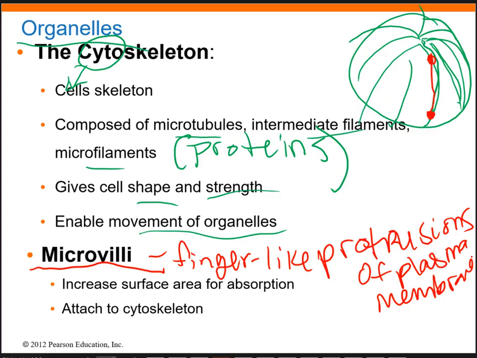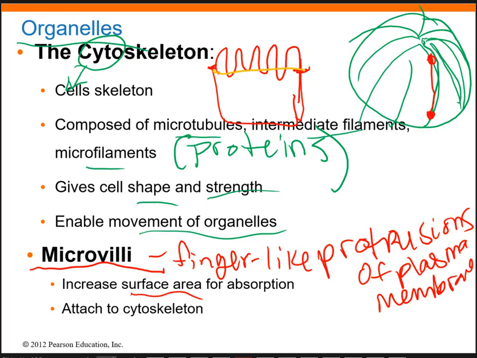So instead of being flat on the surface, or rounded on the surface, the plasma membrane goes up and down, up and down, up and down like this. So the surface of the cell would look like that. The reason that we have microvilli is that they increase the surface area of the cell. There's more space with this curvy line than there would be if it was just a straight line.